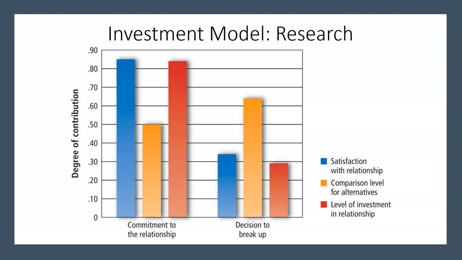The opposite is the case when we have people reporting that they're deciding to break up. So their satisfaction is low, their level of investment drops, and then their decision is kind of tilted by higher ratings of the alternatives. So perceiving the alternatives to be more positive than the situation they're in right now.